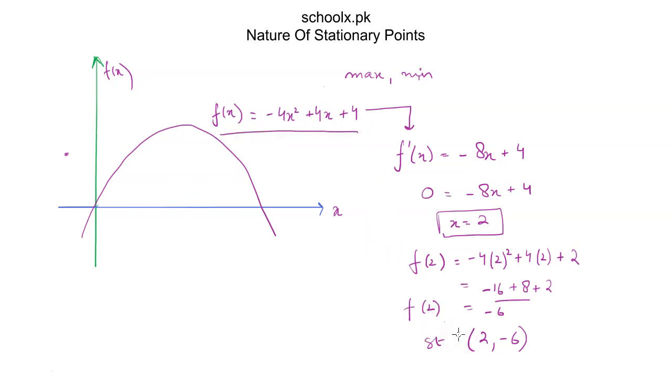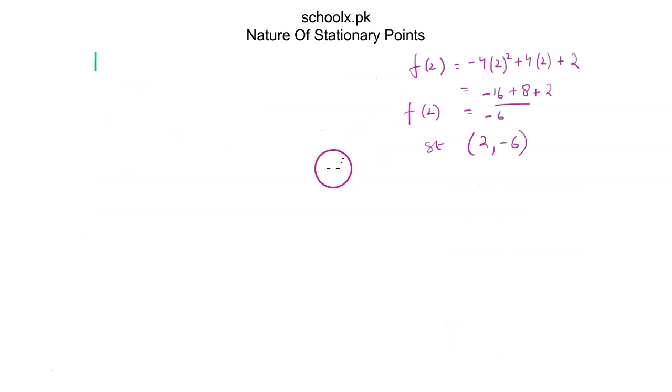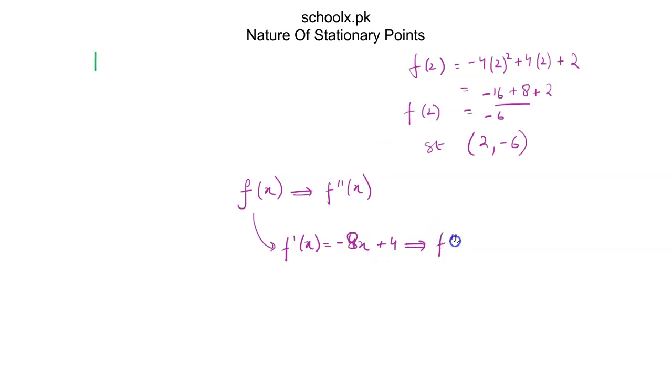Now to find the nature of the stationary point, you have to take the double derivative of the function f of x. We already know the single derivative is negative 8x plus 4. Our double derivative will be negative 8.